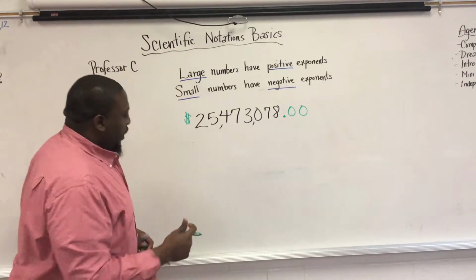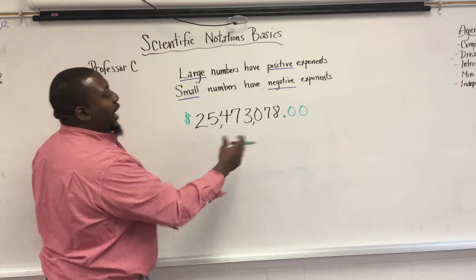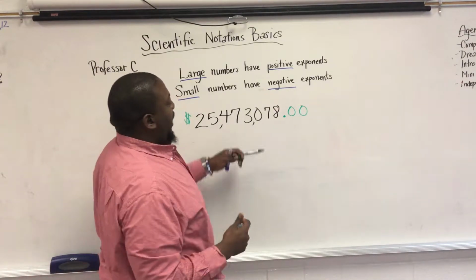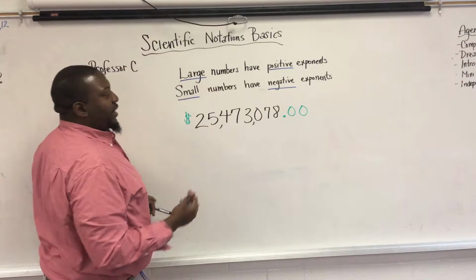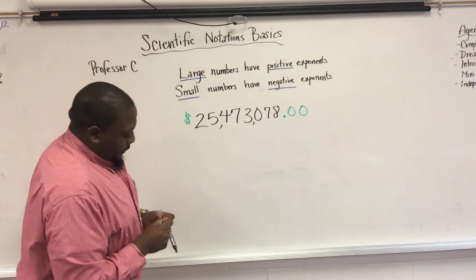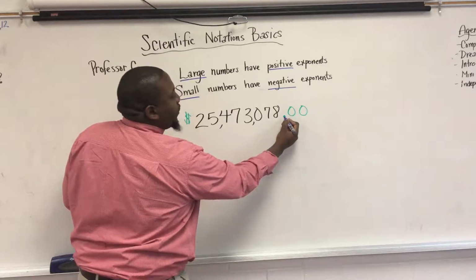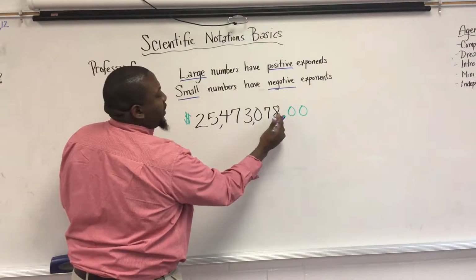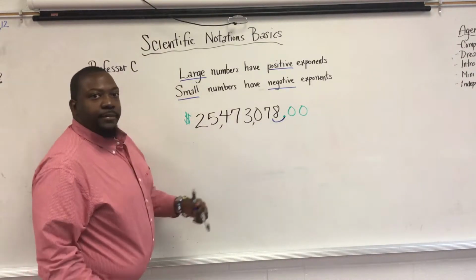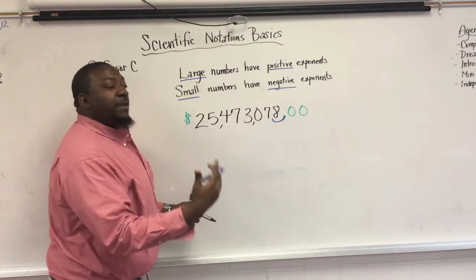Great. So let's dive into how to move this decimal to make sure that it is a number between 1 and 10. If I have my decimal here and I move it to this place, is this a number between 1 and 10? No, I must keep going.